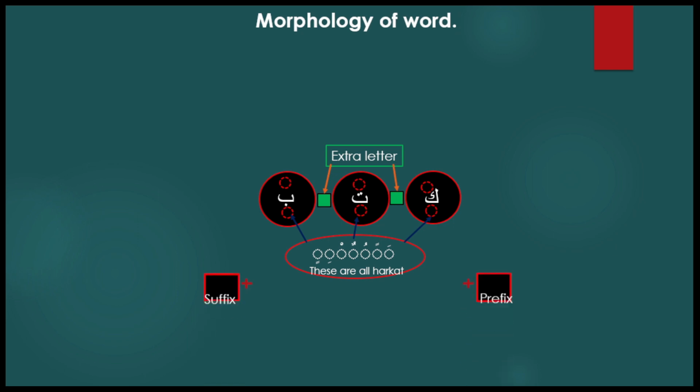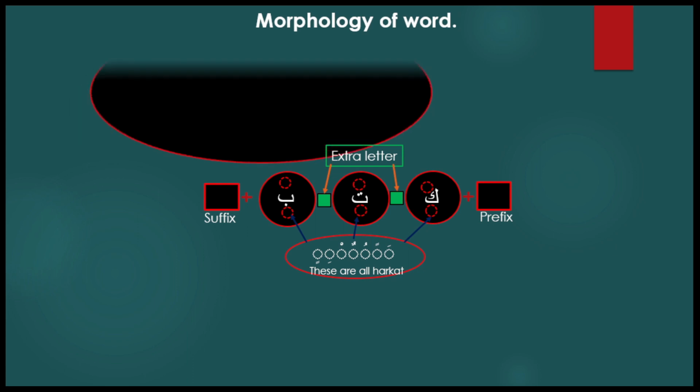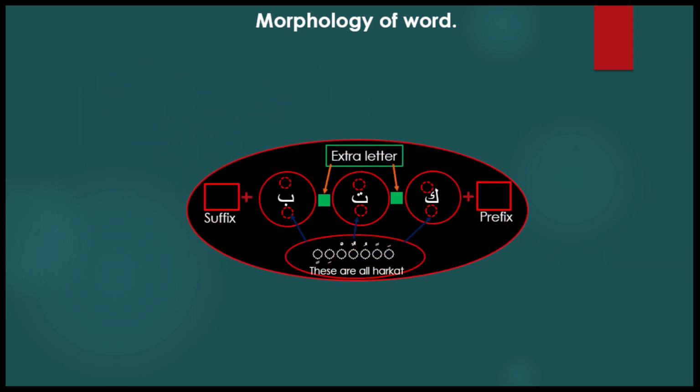We also can put a prefix or suffix, and in that case different types of words will be created. So this is the structure of forming an Arabic word from the base three root letters.